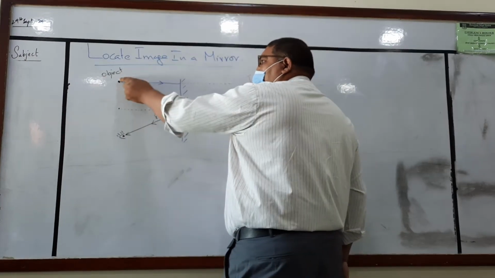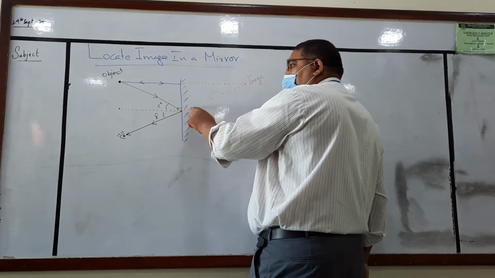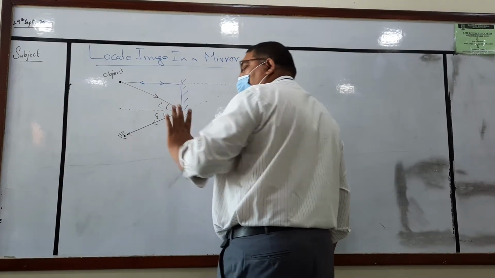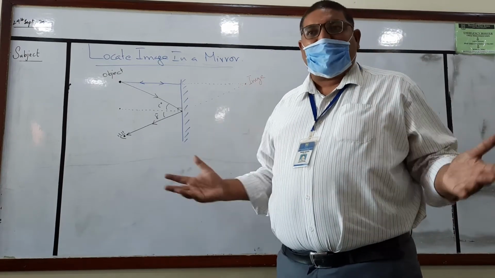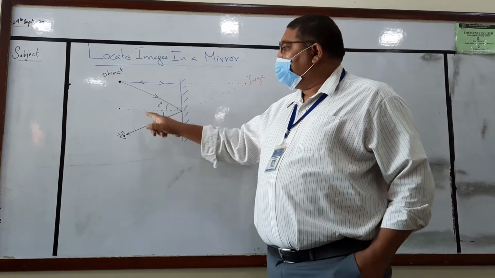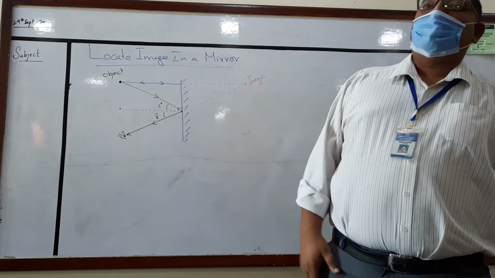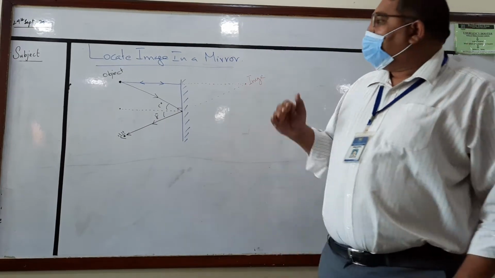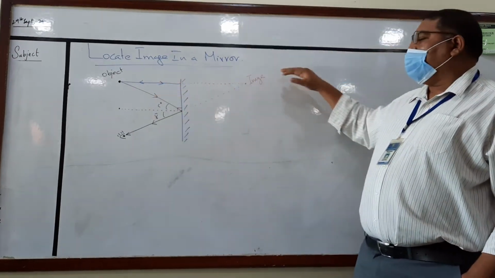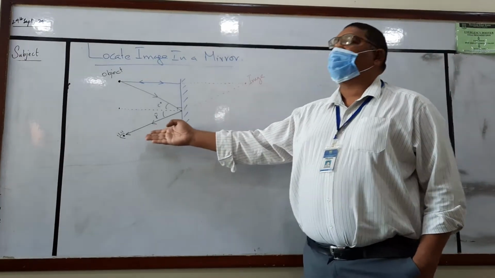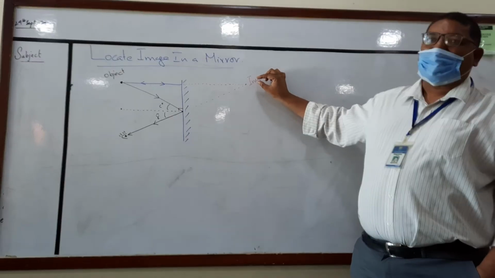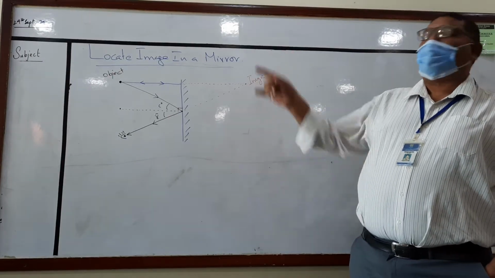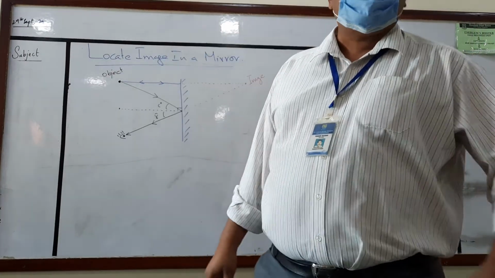At this point I bring a line from the object, and from here I take a line to the observer. By doing so, the angle of incidence and angle of reflection are automatically equal to each other. Then I prolong this reflected line behind the mirror. Where these two lines intersect, there the image of that object will be seen.